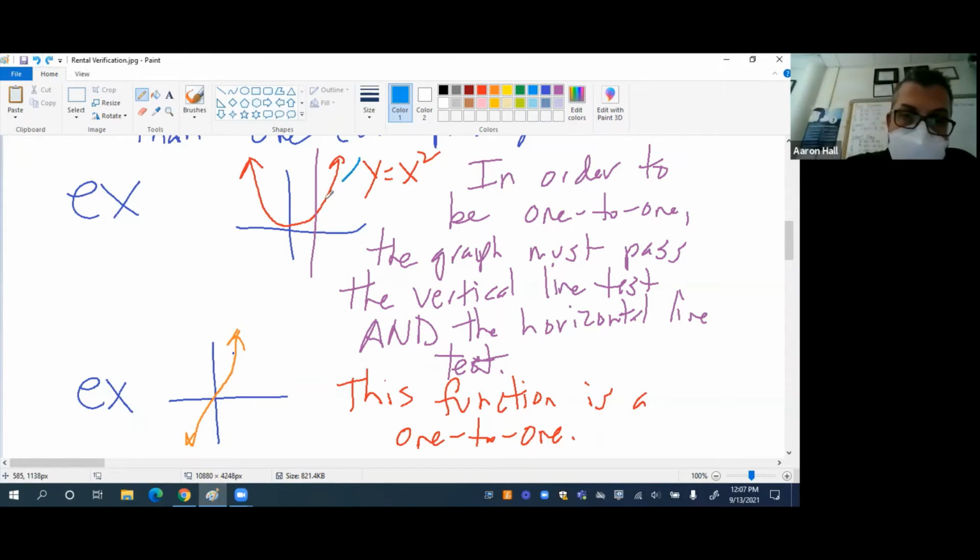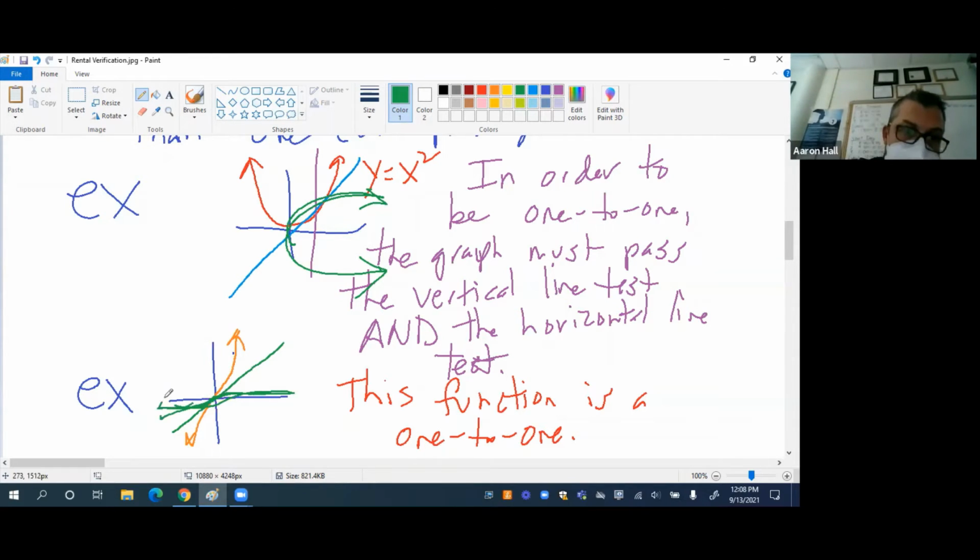It's here. So we have a graph that looks something like this. I have to reflect across this line right here. That one's going to be hard for me. It's going to look something like that. Anyway, the point is it's still going to be a function because it's one-to-one.